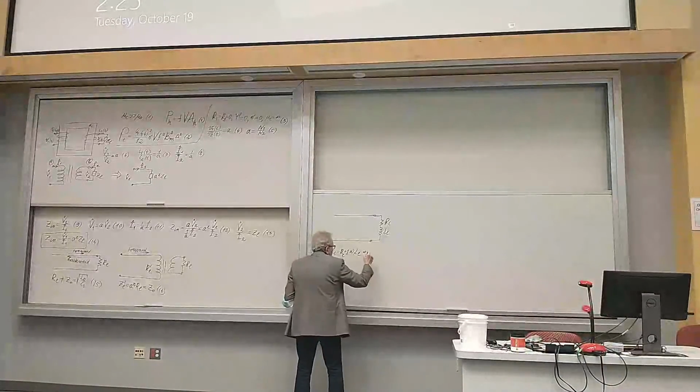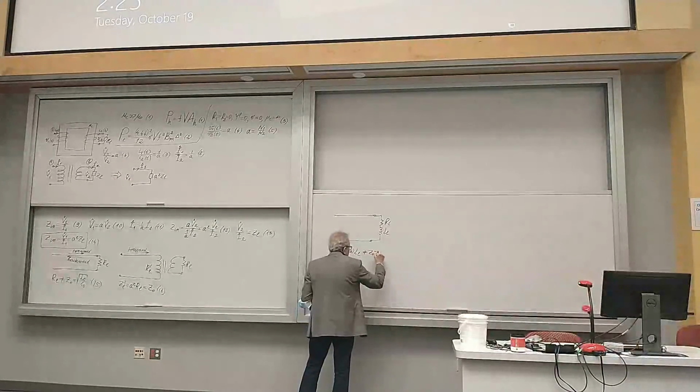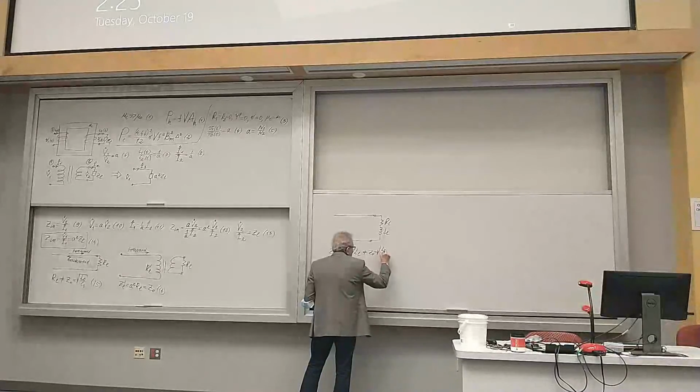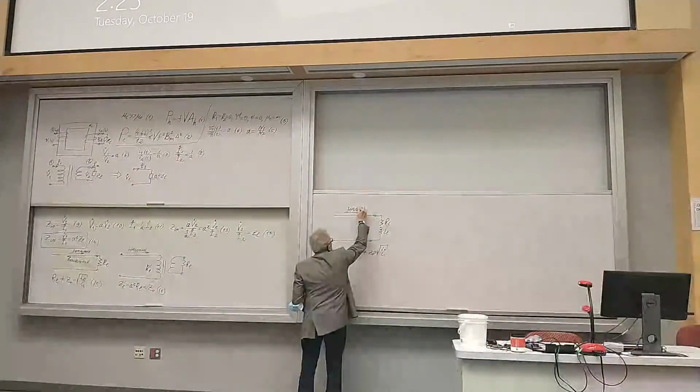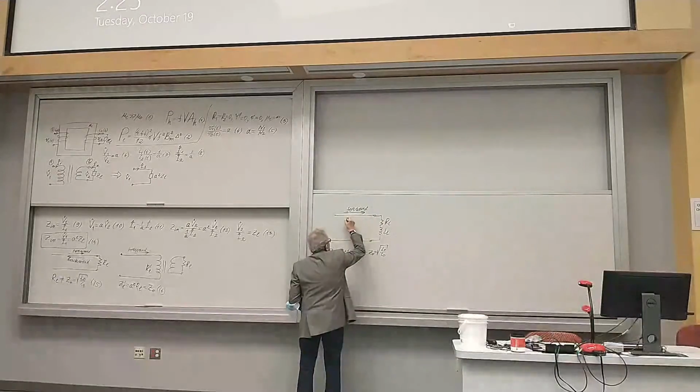In general, it cannot be equal to the characteristic impedance, which is practically a real number. And consequently, there will be two waves, forward propagating and backward.